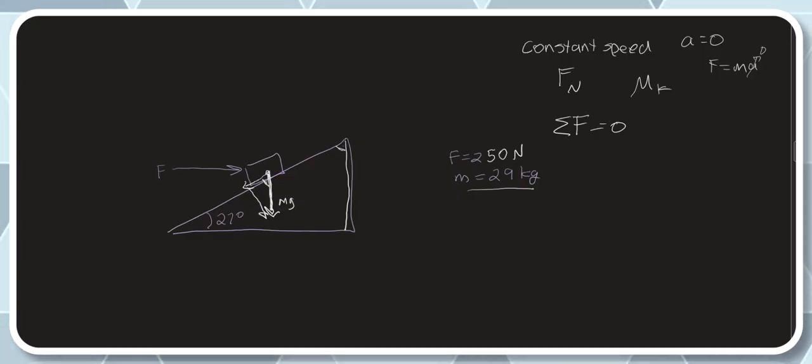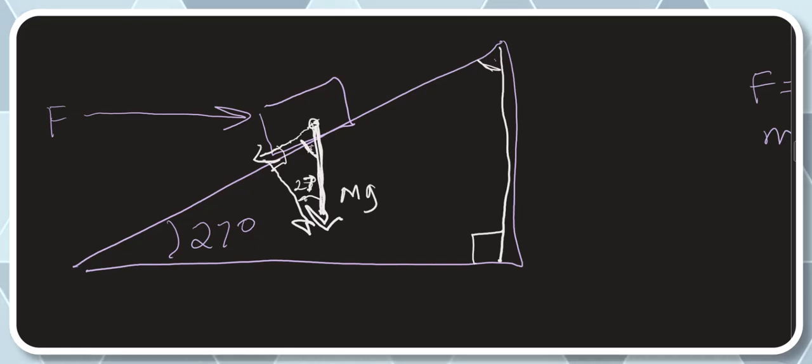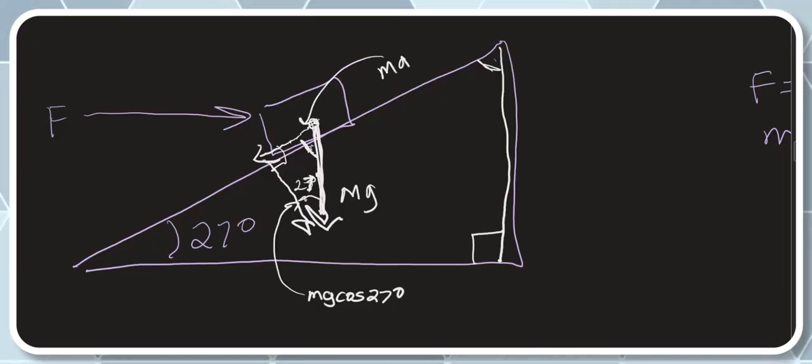And then this is a right angle, and this is a right angle, and so the bottom angles are congruent, so this is also 27 degrees. So if this is 27 degrees, and this is mg, then this side is mg cosine 27 degrees, and this side is mg sine 27 degrees, and inclined planes always work that way.